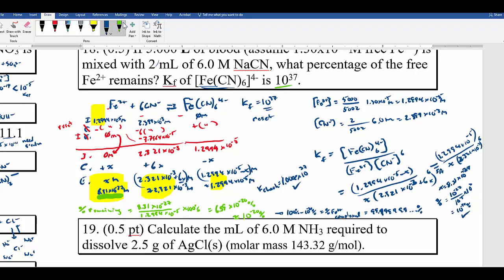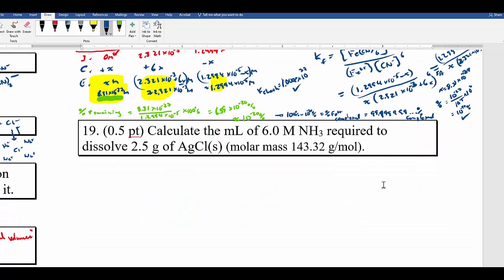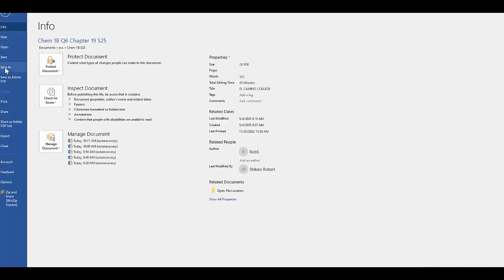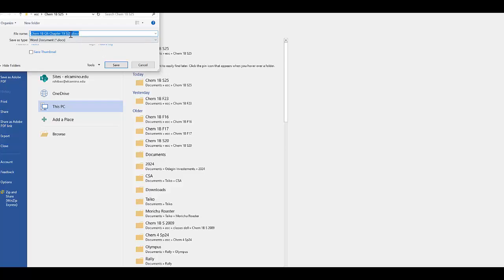Something like that, percent complex. Rounding that would be 100%, but it's not really 100%. A little bit remains, but that's so little. I mean, we could calculate how much. Just save this. Post this as well.